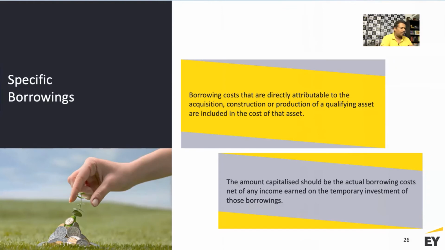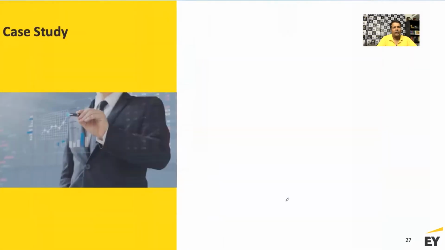So if you have deployed the surplus fund during this period, whatever you earned out of that deployment is to be adjusted in the case of specific borrowing. This issue is not relevant for general borrowing, because for general borrowing you only capitalize with reference to the amount which is spent, and we will help you understand this with a few examples.